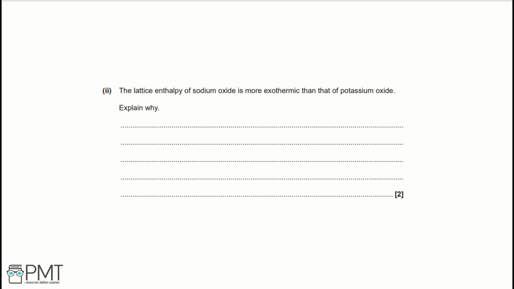Part 2. The lattice enthalpy of sodium oxide is more exothermic than that of potassium oxide. Explain why. The reason why the lattice enthalpy of sodium oxide is more exothermic than that of potassium oxide is because sodium ions have a smaller ionic radius.